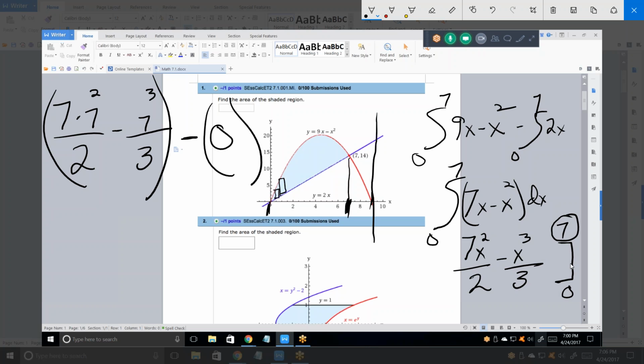And we can see that that's 0, so we don't really have anything to do for that part there. But we do have to figure this one out. Let's see, 7 cubed is 343. 343 divided by 2 minus 343 divided by 3.